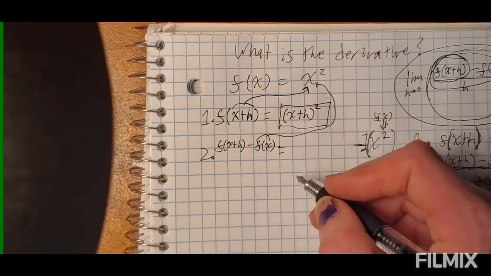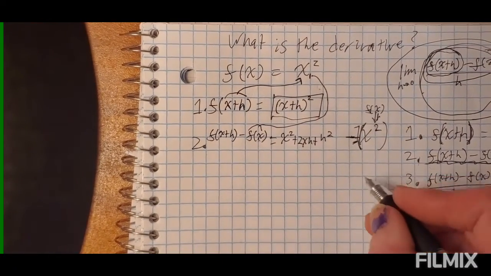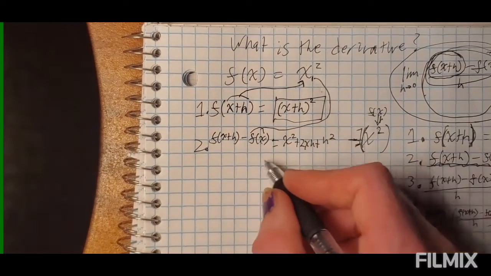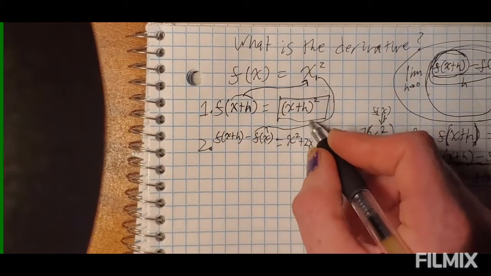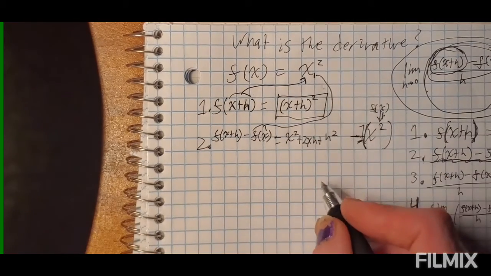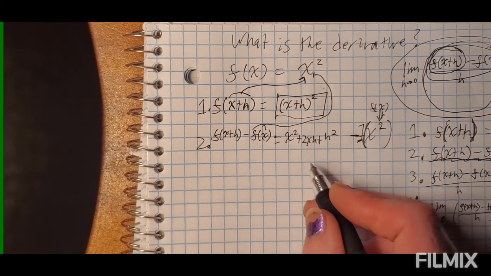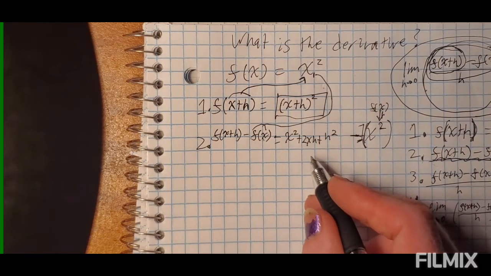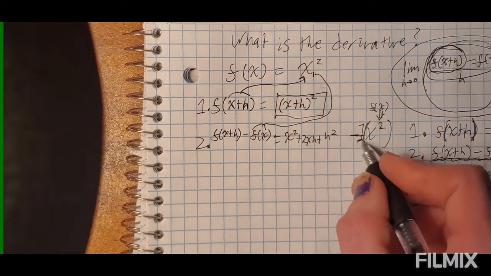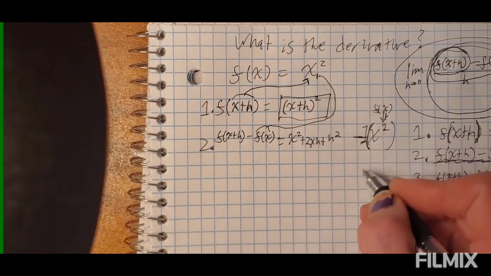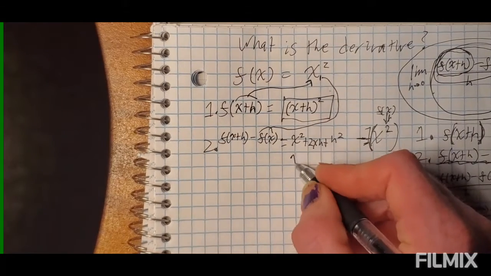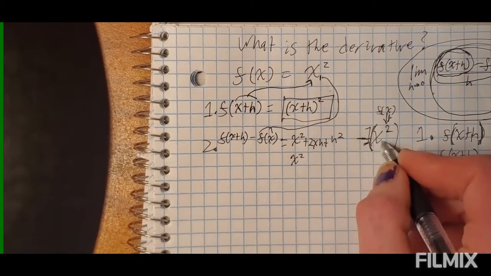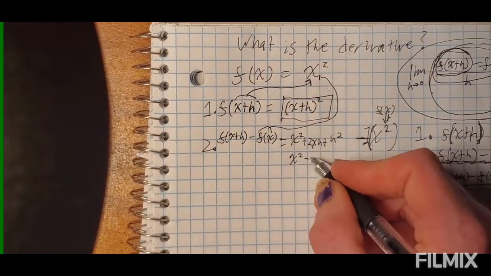Okay, now I'm going to FOIL it. So I just factored that out. And you get x squared, and I'm going to bring this term over here, minus x squared.